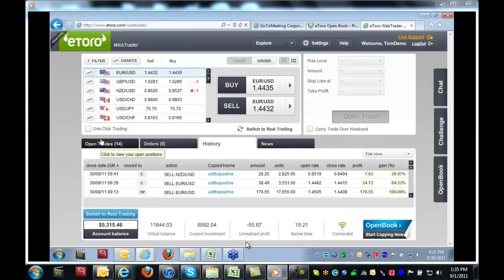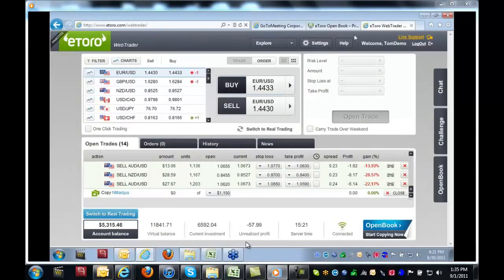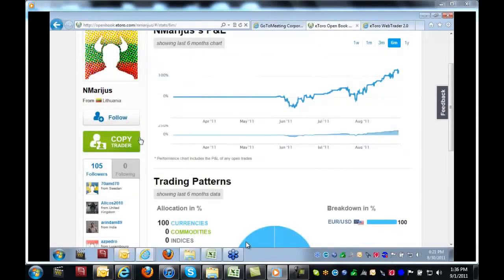Now, if you want to learn about candlestick charts, about fundamental analysis, how to interpret the financial news into your trading, you have an account manager for that who will teach you the basics and advanced technical and fundamental analysis.